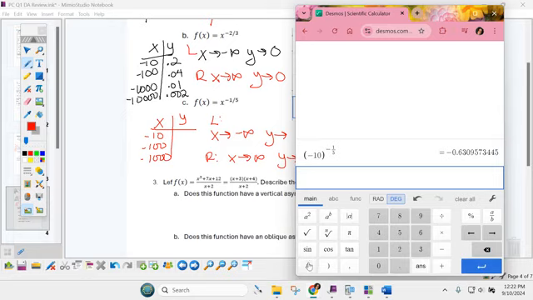Negative 0.6. What happens when I do a negative 100?